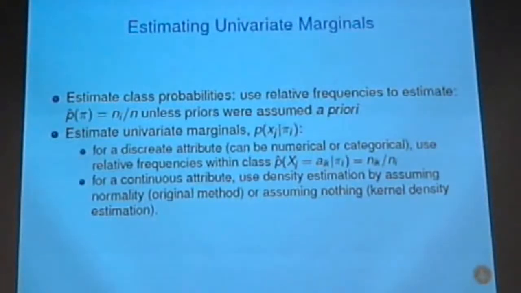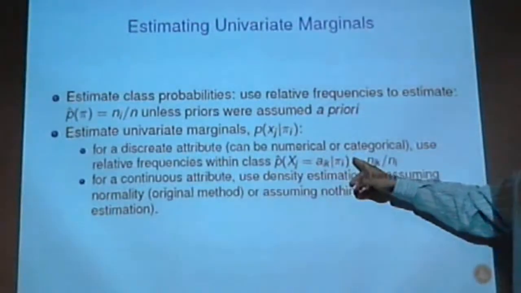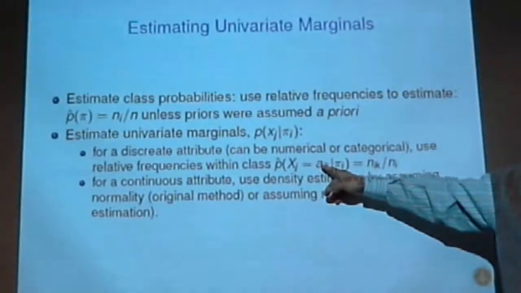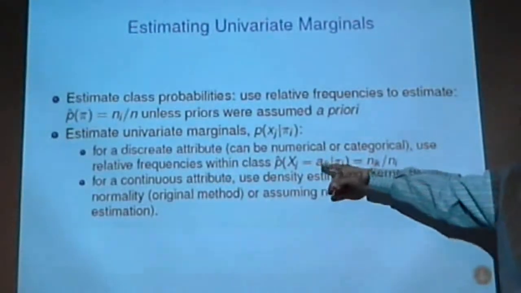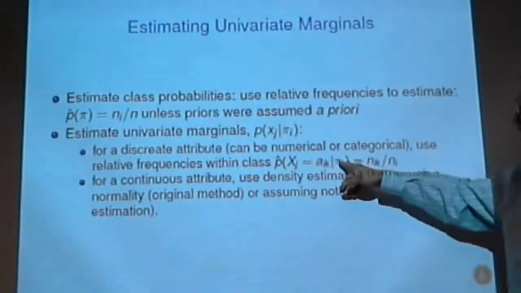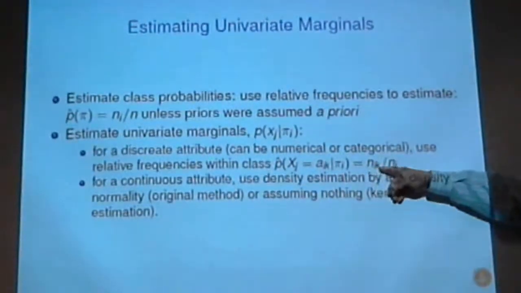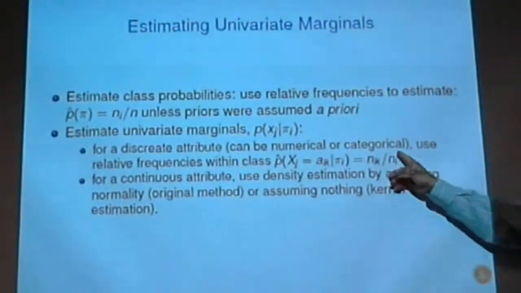And then the estimate of these univariate marginals, based on that strong condition, can now be estimated by this. To observe a particular value in class i, say a_ik, it's just how many belong to that type of object divided by the class size.